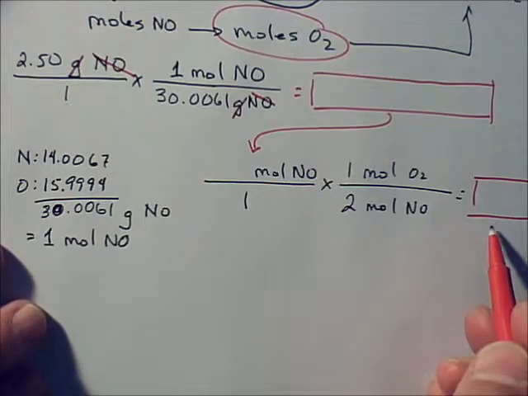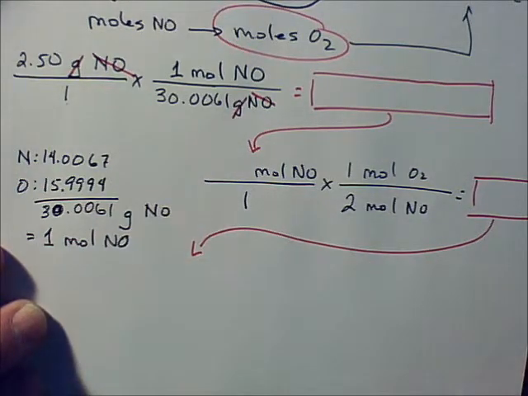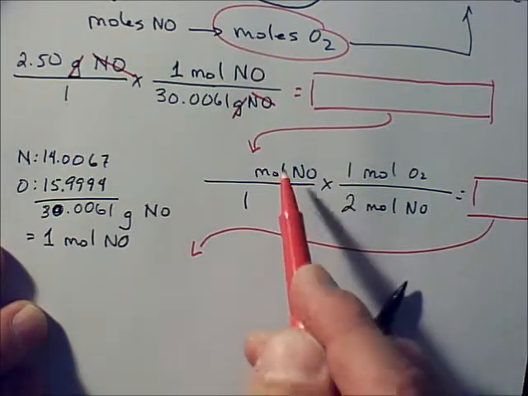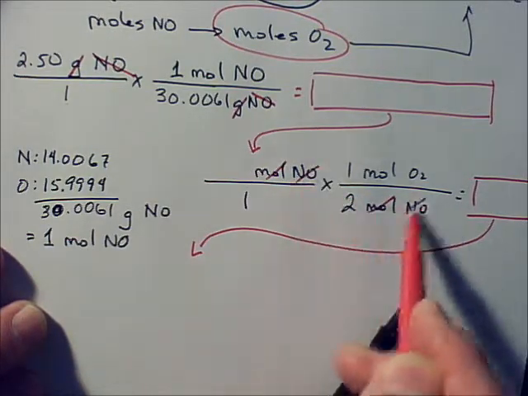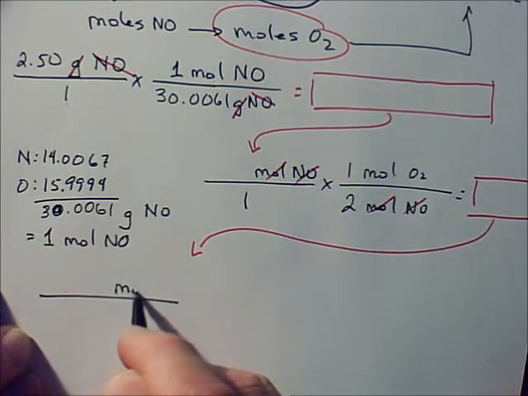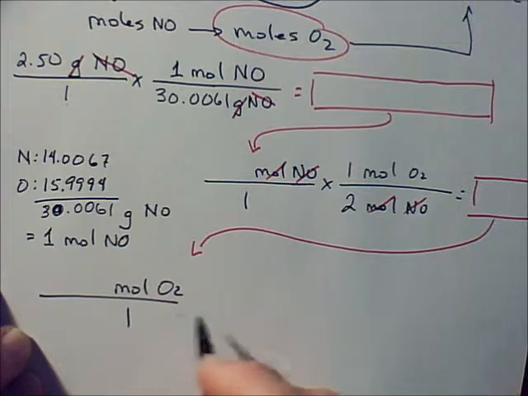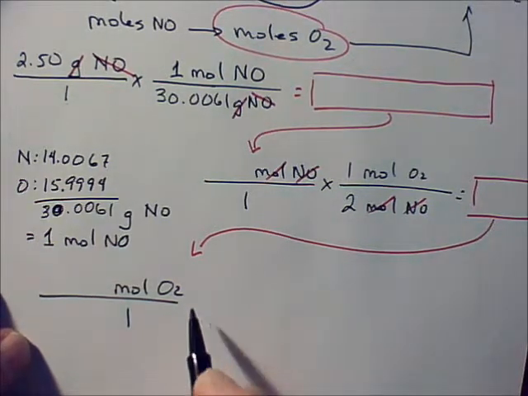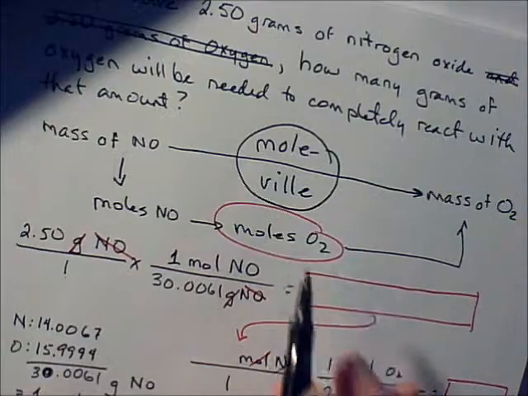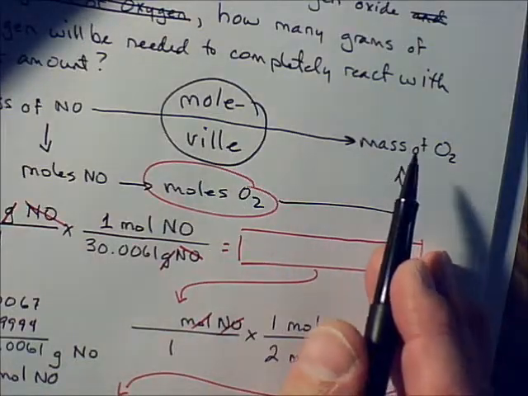Now we've got to take that answer, and it's got to be a new starting amount, which is moles of O2. And so whatever moles of O2 you get goes over 1, and you have to have a new conversion unit to go from moles to mass.